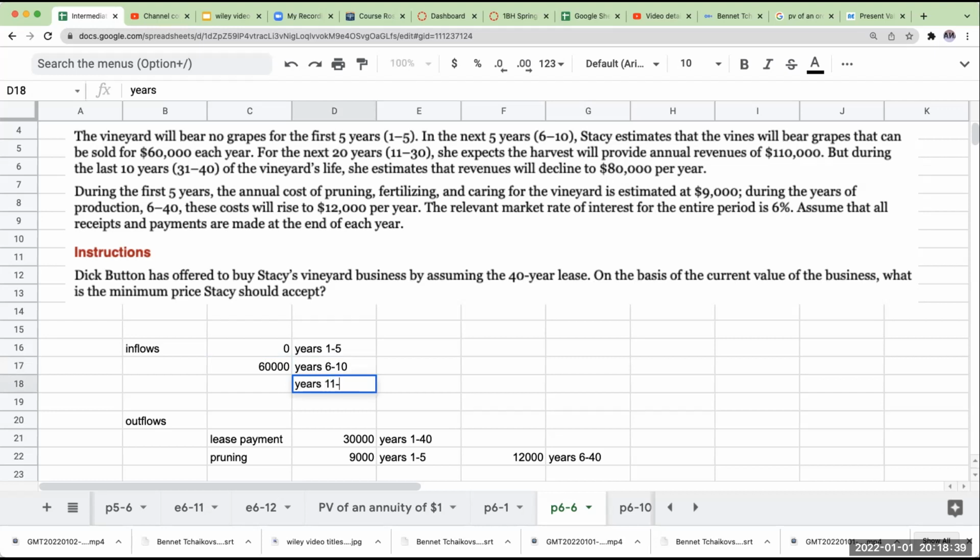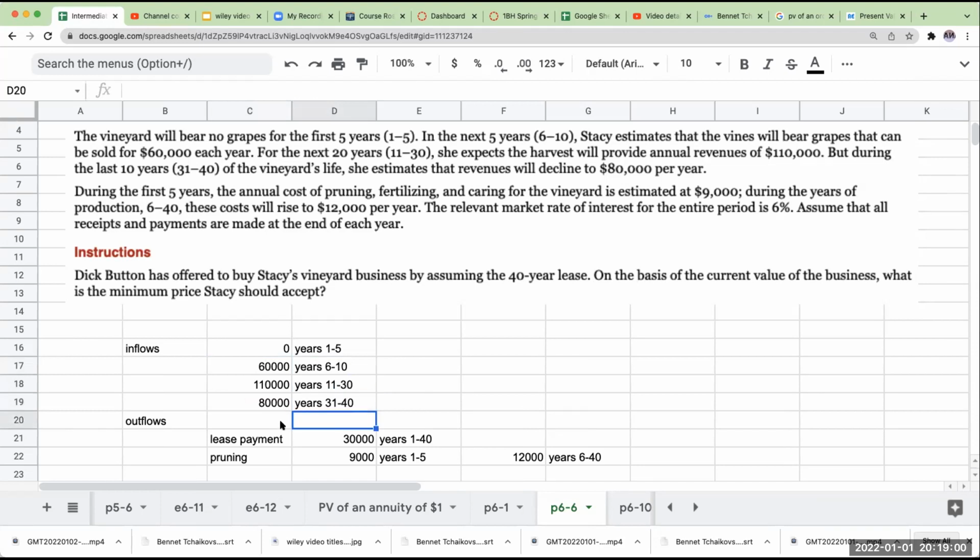Years 11 through 30, this is going to be $110,000. And then lastly, we're going to have $80,000 per year for the last 10 years, or years 31 through 40.